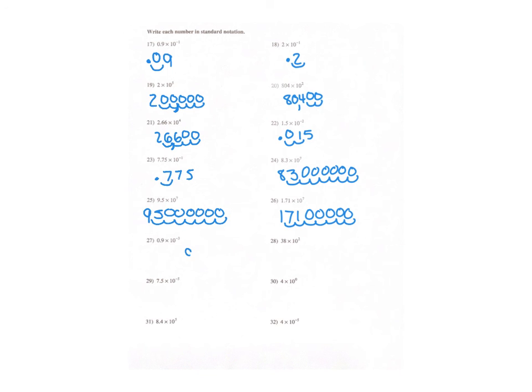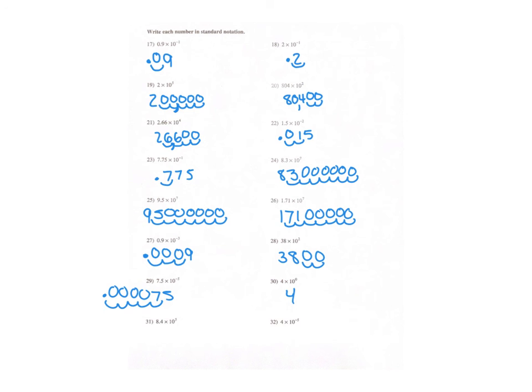This one, we're going to move it over 3 places in the negative direction. So 1, 2, 3. Again, we have to have that leading decimal there. Number 28 is moving it over 2 spaces in the positive direction. Number 29 is moving it over 5 spaces in the negative. 1, 2, 3, 4, 5.